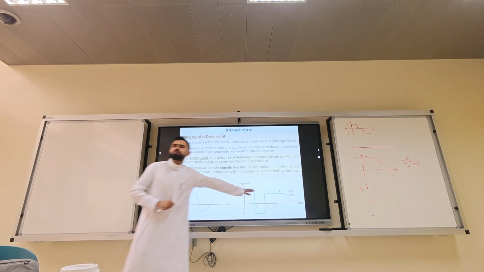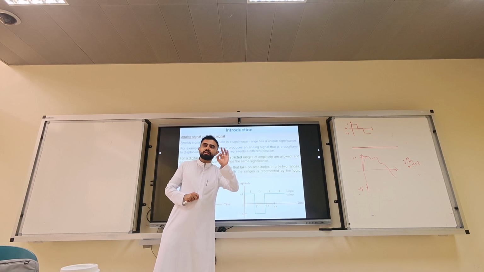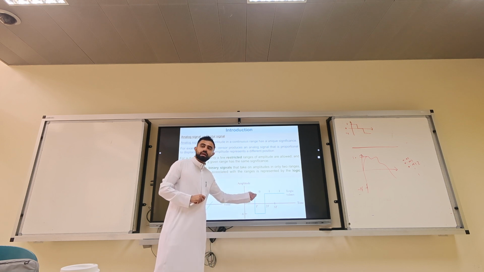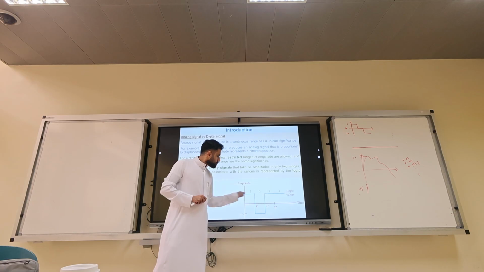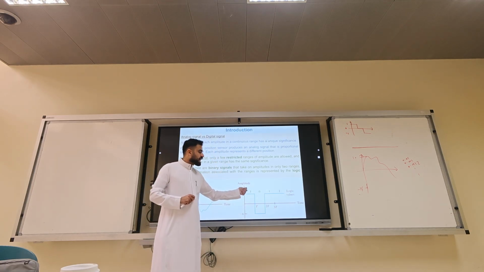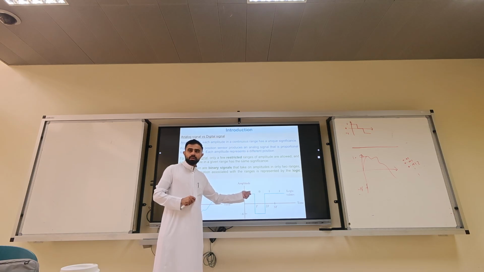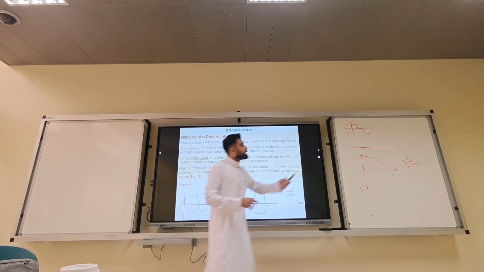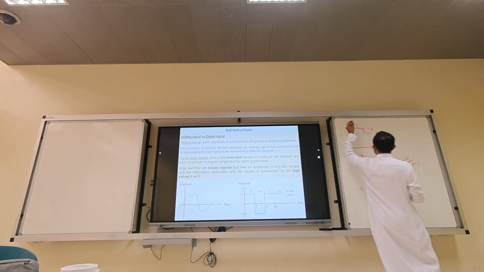infinite values, for a digital signal it has a limited number. In this case, how many numbers do we have? Two voltages, either plus A or minus A. If it's plus A, we can translate it to 1. If it's minus A, we translate it to what? 0. Okay? Here, we can translate it to what?